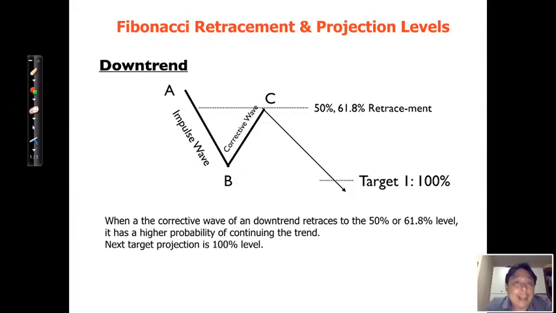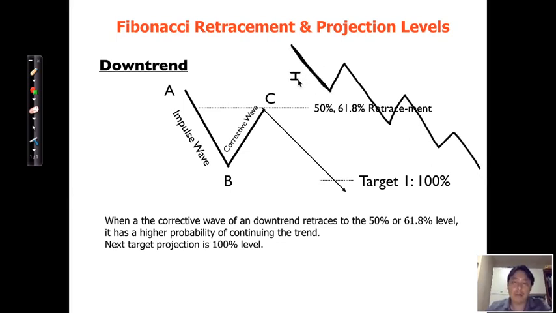So now let's take a look at a downtrend. So for a downtrend, we see the wave pattern going down, right? So we've got an impulsive wave going down like that. And then we've got a corrective wave going up, impulsive wave going down, corrective wave going up, and the pattern continues, right? So again, breathe out, impulsive wave, breathe in, corrective wave, all right?